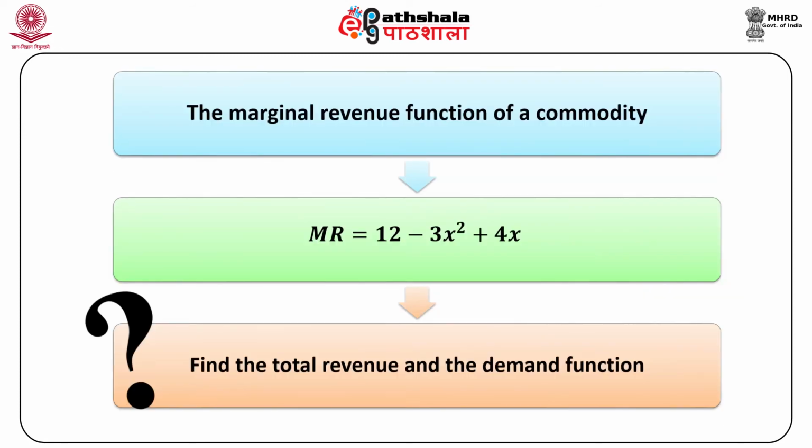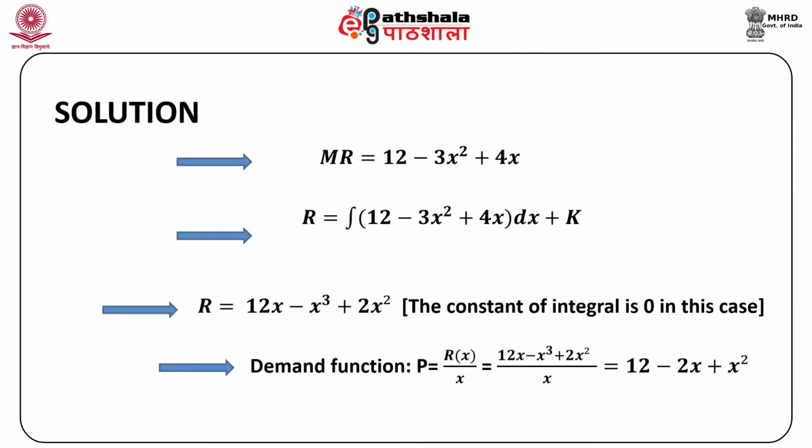The marginal revenue function of a commodity is stated as MR is equal to 12 minus 3x square plus 4x. Find the total revenue and the demand function. Solution. MR is equal to 12 minus 3x square plus 4x. R, revenue, is equal to integral of 12 minus 3x square plus 4x dx plus k.